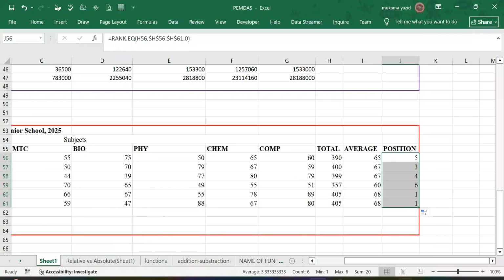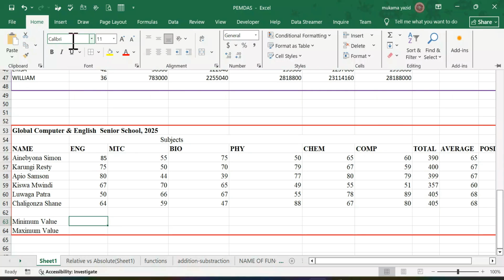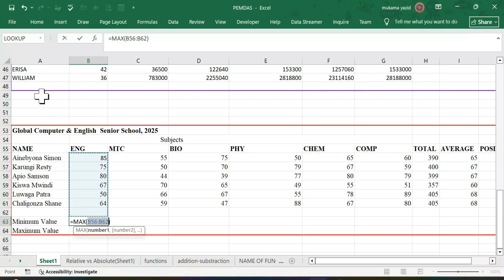Another thing here, I think we have to calculate minimum and maximum. To save time, I go to the formula tab and use maximum. From there I deselect this empty blank cell, I don't want it, then press enter.